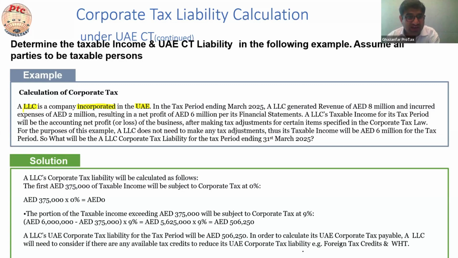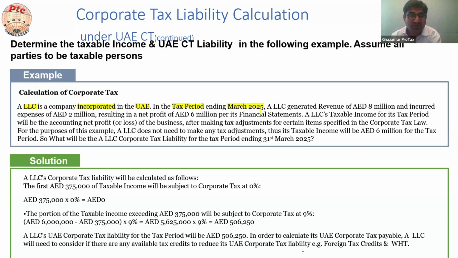First, we have to see whether this is a natural person or juridical person. Second, the company is incorporated in the UAE, so this is the resident and non-resident point that we have to check. The next point, what is the tax period? The tax period here ends in March 2025.